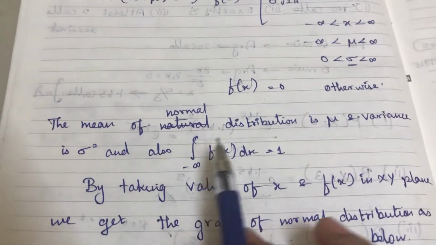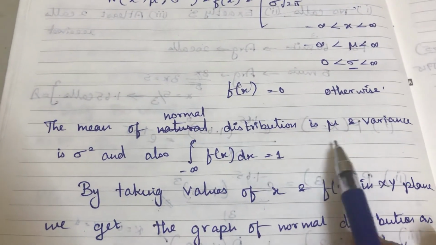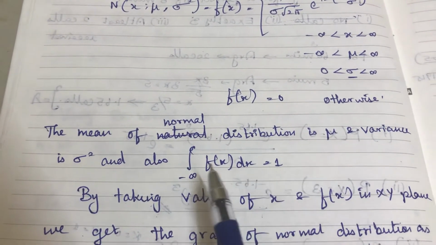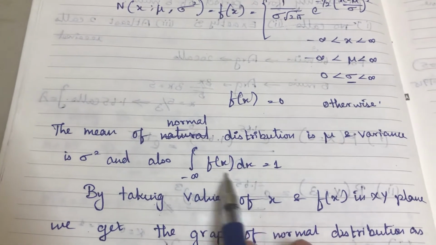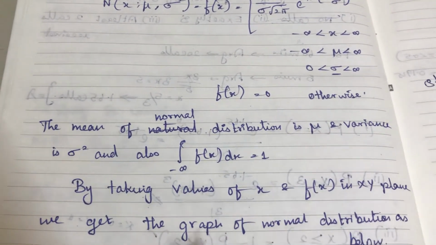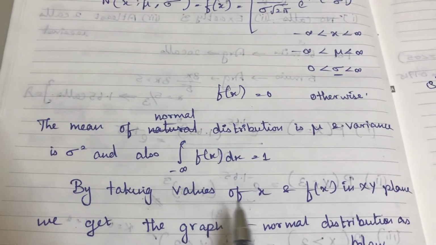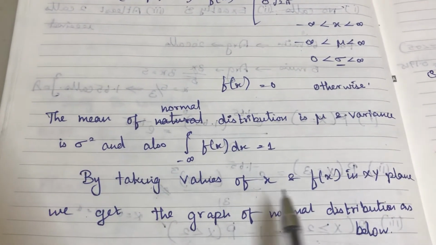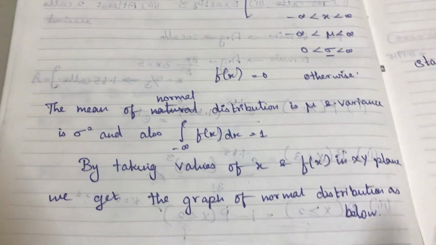The mean of the normal distribution is mu and the variance is sigma square. Also we can write that the integration of f of x dx will be 1, right?